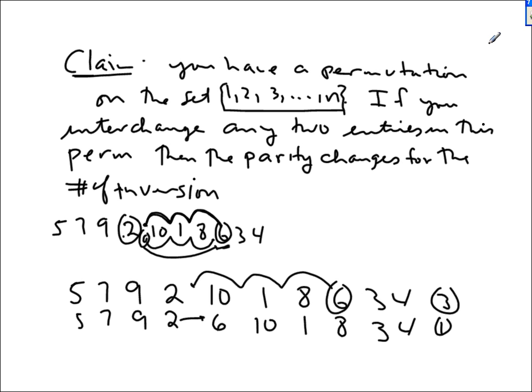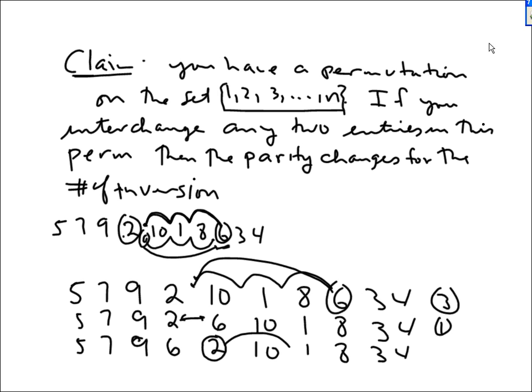I actually switch the 2 and the 6. Now, instead of moving the 6 back, I move the 2 back. It's going to be the same number of places it took to bring the 6 to the left of the 10. And take 1, 2, 3 places.